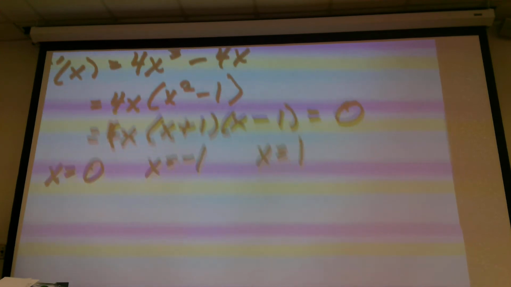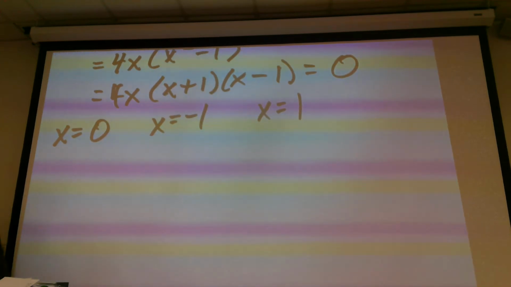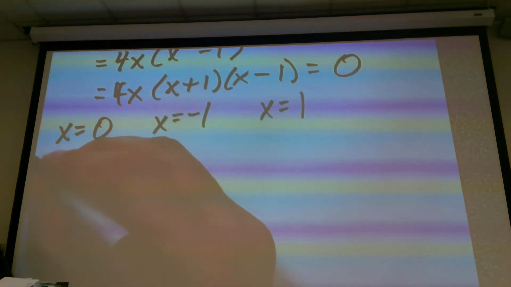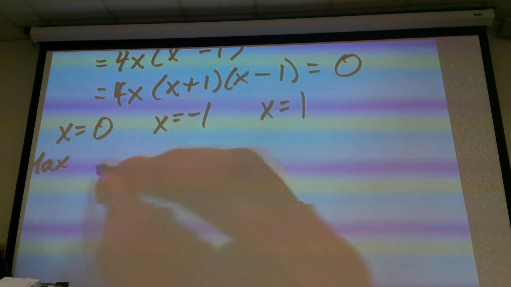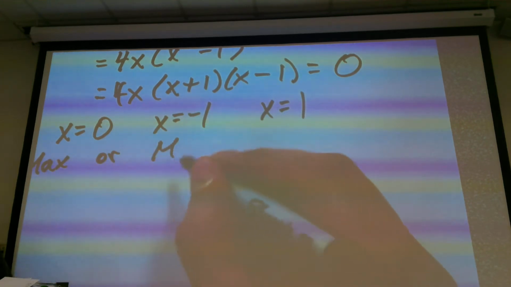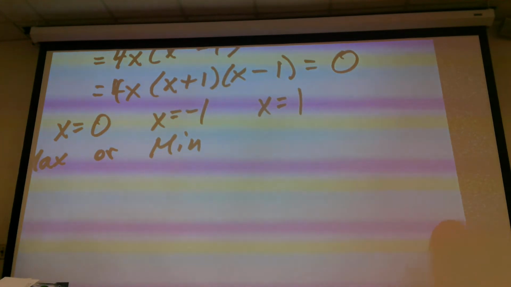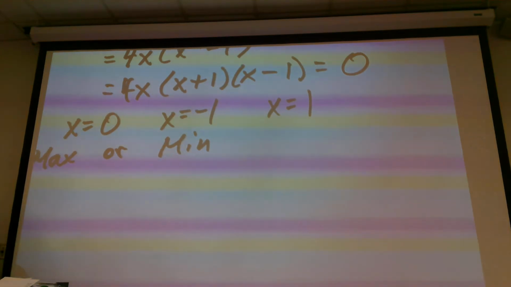Okay. So the next question would be, max or min. So let's do the second derivative test on this one.